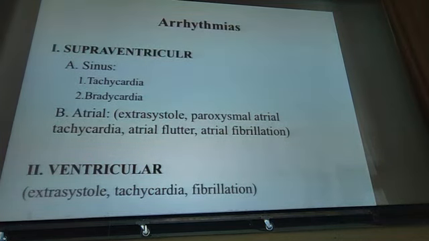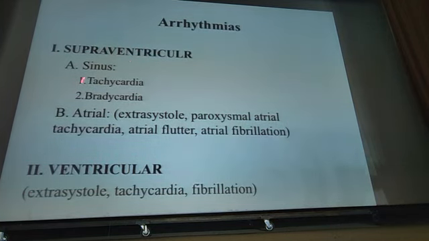Arrhythmia means irregular rhythm. We have either supraventricular, above the ventricle, or ventricular, and ventricular is the more dangerous arrhythmia.